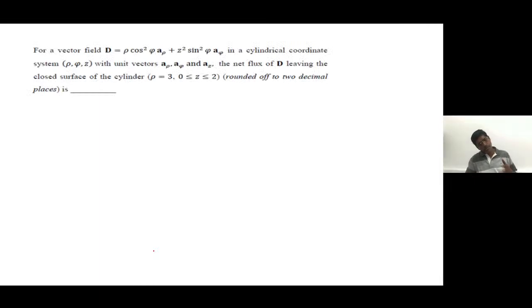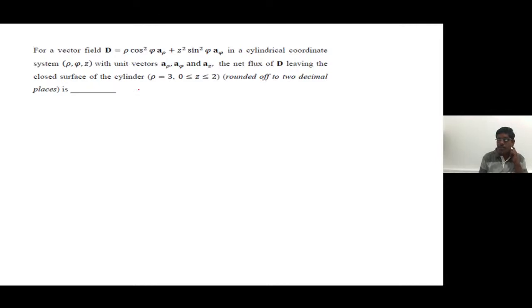So this is an easy question. You have electromagnetic field theory, EMT, or EMFT in some regions, where you will get this answer also. Mathematically we are not interested, but anyhow I am doing. So this is a vector.